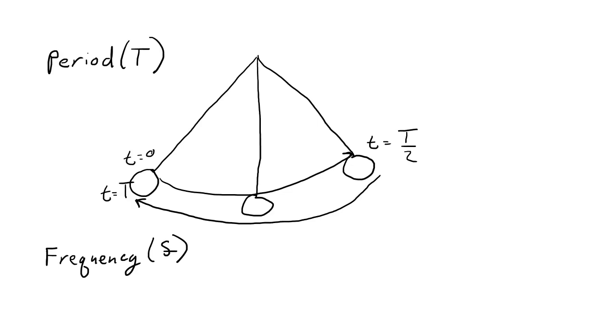Frequency is how often something happens, and it's also, importantly, the inverse of our time period. So frequency is equal to 1 over our time period, and this makes sense. If I wanted to know how often something happens, I'd say, well, every time period. Another important thing about frequency is that it's measured in units called hertz, which are equivalent to per second.